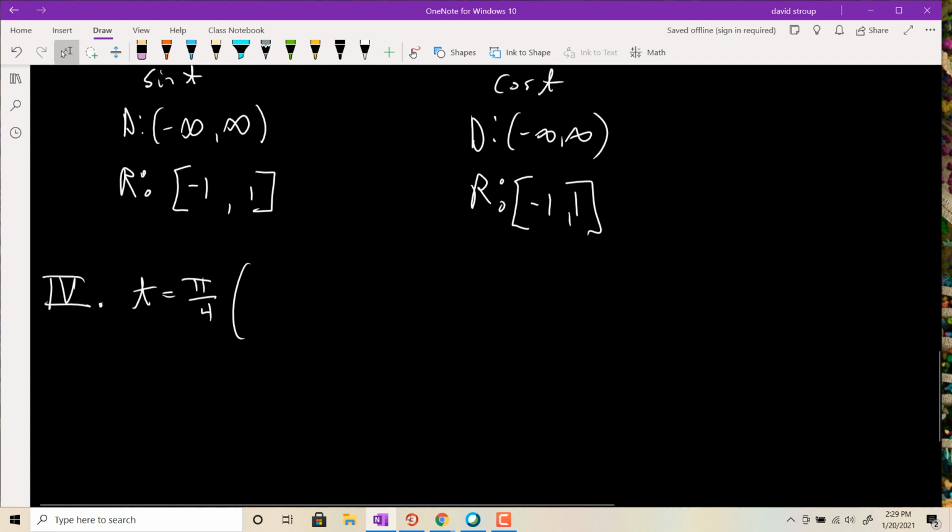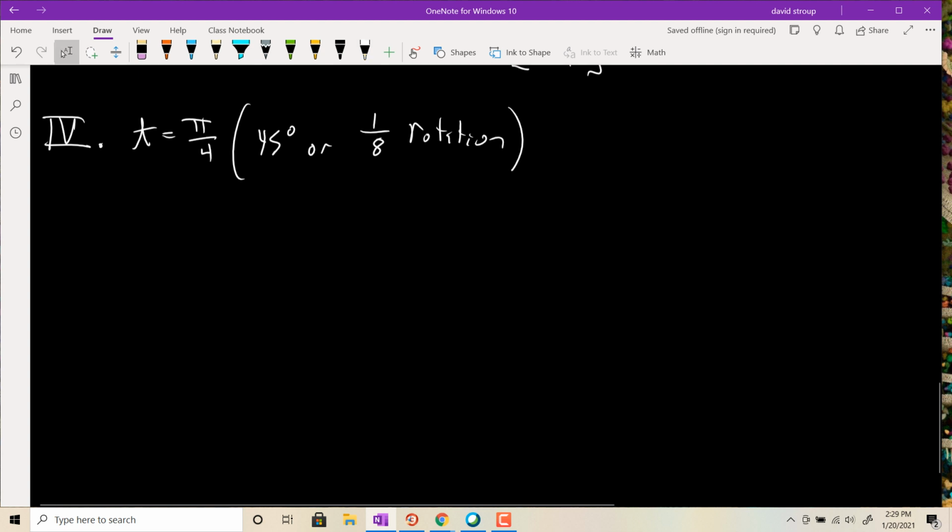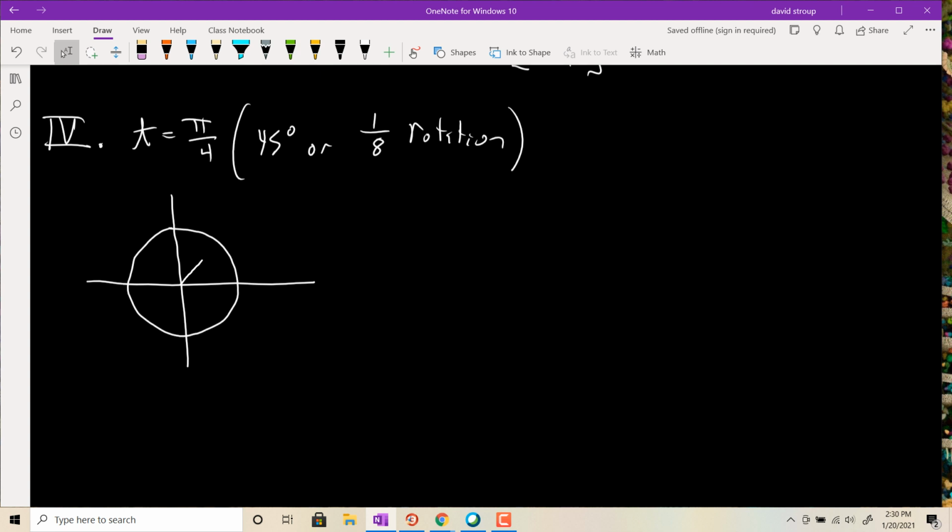So anyways, if you remember, pi over 4 is 45 degrees or 1/8 rotation. And pictorially on the unit circle, where is that? It's right here. It's on the diagonal through the origin, right? So this is the angle we're talking about, where t in this case is equal to 45 degrees or pi over 4.